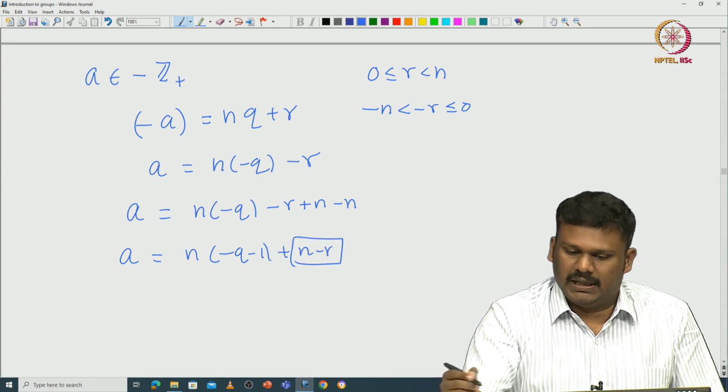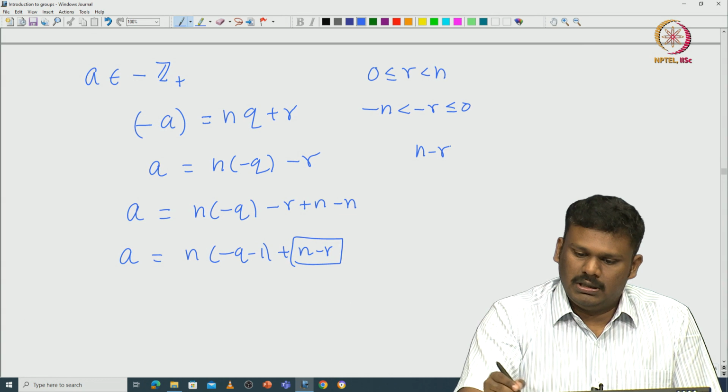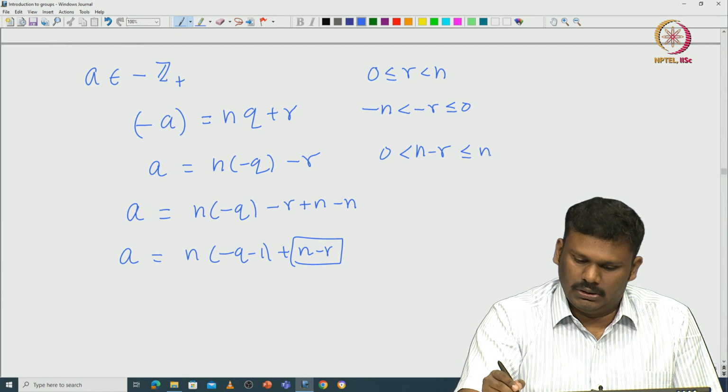This I want to take as the remainder. So, what happens to n minus R? n minus R is actually positive, so that is fine, and it is less than or equal to n. We want it to be strictly less than n.